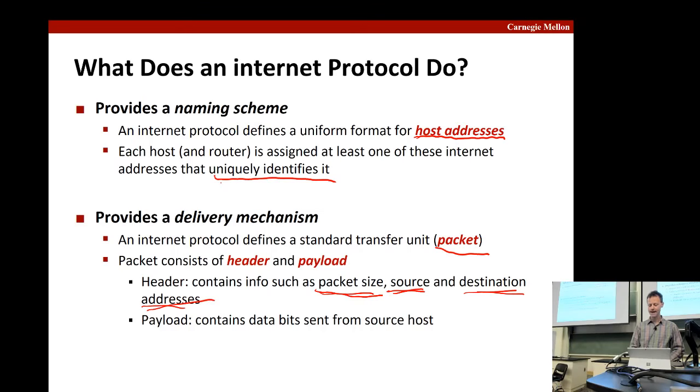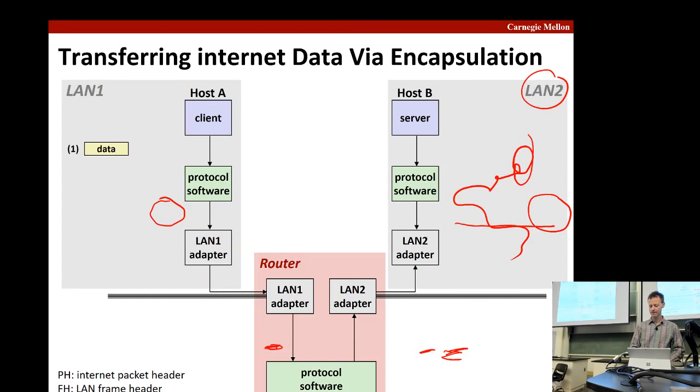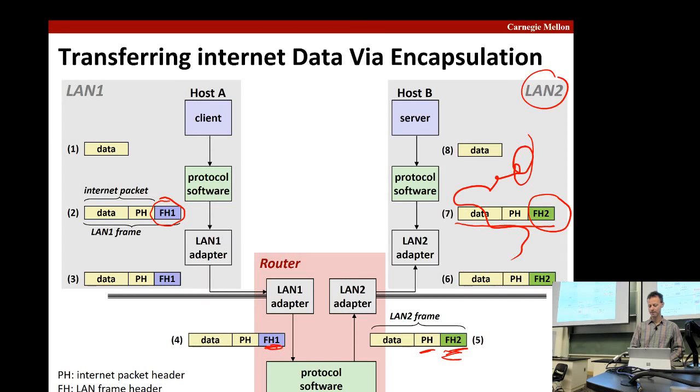Okay, the frame header is similar, but the information is relevant to routing within this particular LAN. Okay, so whatever the protocol is for putting in headers and so forth. So for instance, you can imagine that these headers here could use local names for these hosts.